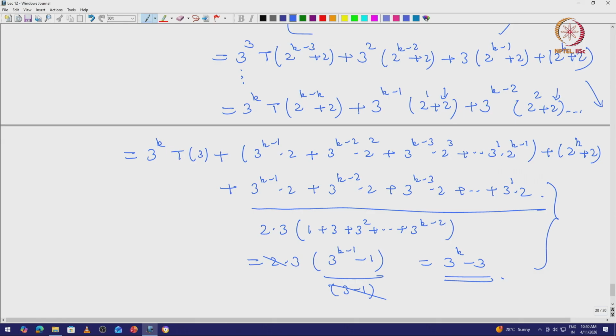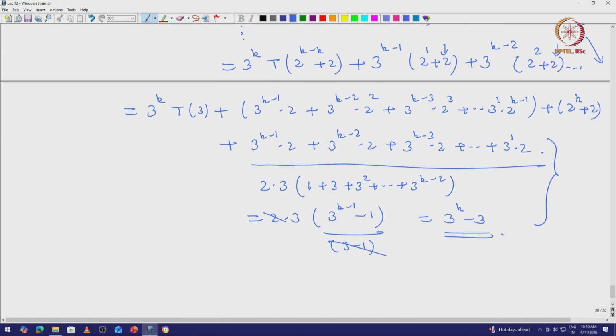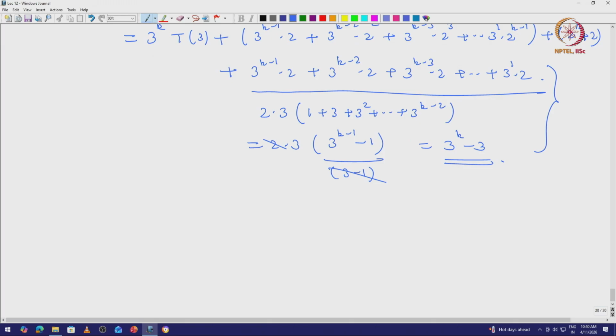So, here we have further 3^(k-1) times 2 plus 3^(k-2) times 2^2 plus 3^1 times 2^(k-1).